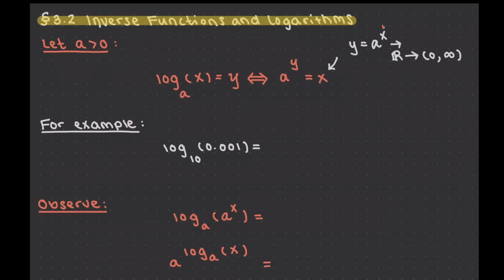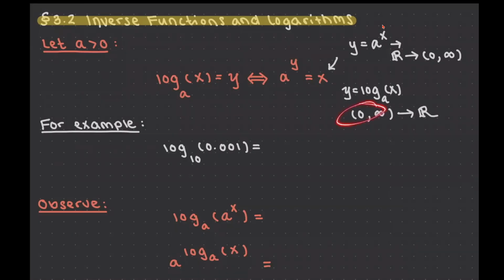And inverses swap domain and range, right? So if I have y equals log base a of x, this is going to have domain 0 to infinity, and it's going to have range all real numbers.